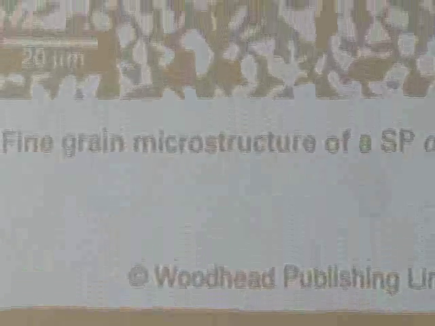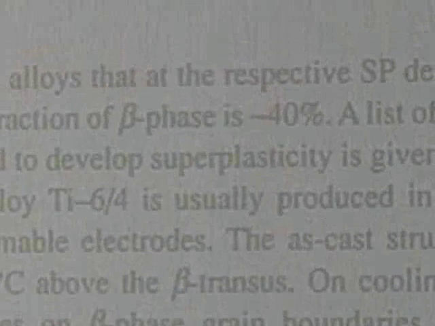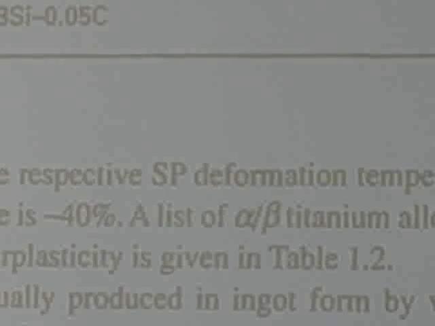If you had a bunch of fibers like this, it wouldn't have a lot of surface energy. This is the way to get the maximum surface energy, because superplasticity is really a creep phenomenon of the grain boundaries sliding against each other. So you want as much surface energy as possible. You want as many grain boundaries as possible to get the most superplasticity.